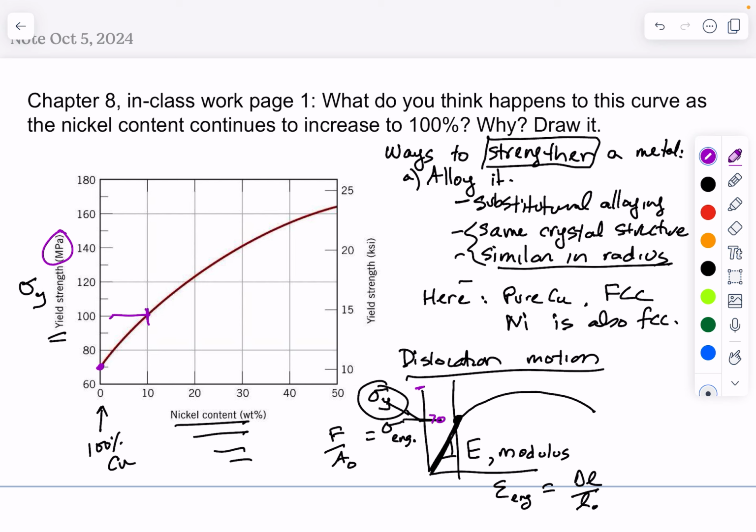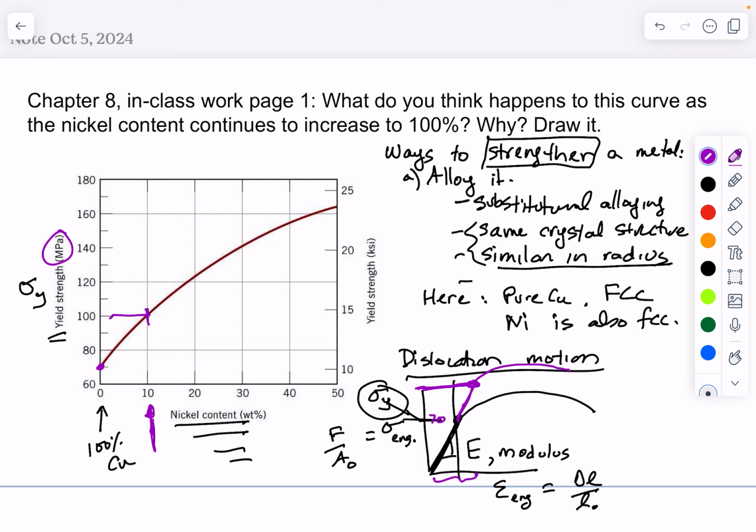So in other words, if we add nickel to this material, we've increased the yield strength. We've increased the linear portion of the curve, and therefore we can use this alloy with 10% nickel in an elastic way. And remember, as engineers, we don't want to go into the plastic deformation part of the curve, because when plastic deformation begins to occur, the part is permanently changing shape.